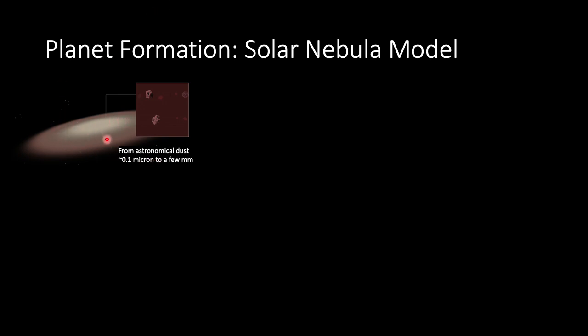We don't really even see any gaps, and this is mostly material from the molecular cloud that's not exactly being scooped in by the protostar. So we're looking at 1 to 0.1 microns, and even to an extent a few millimeters, though these few millimeter dust grains can easily be lost to the protostar.